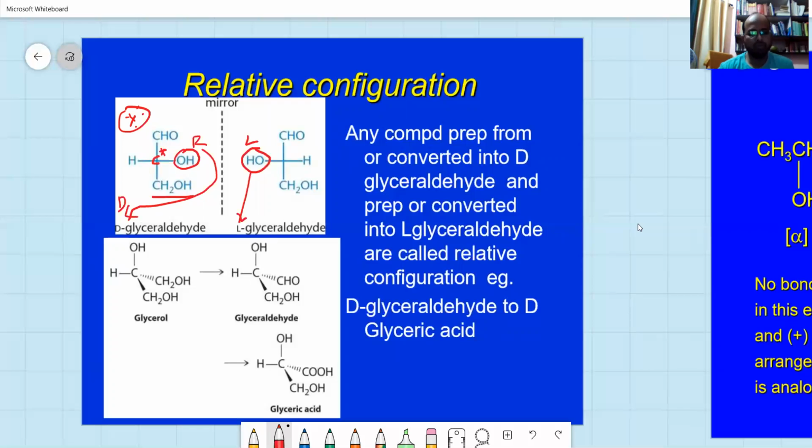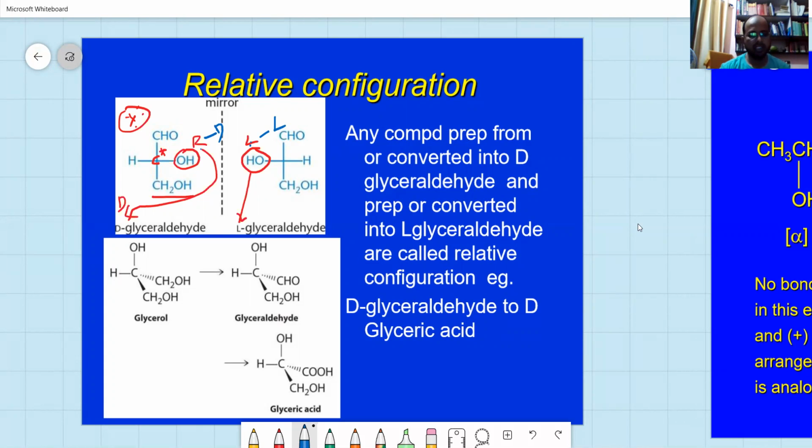Any compound in which OH is on the right, you will call it the D configuration. Any compound in which OH is on the left, you will call it the L configuration. Okay, this is right, this is left, this is D, this is L. So left and L, you don't have to confuse.